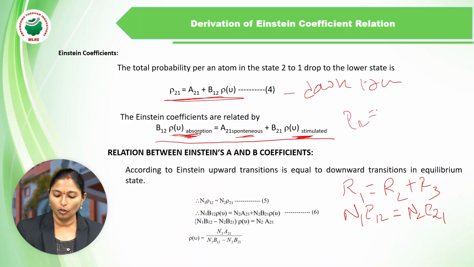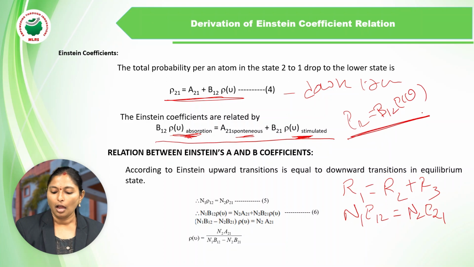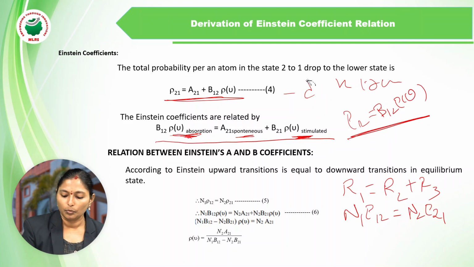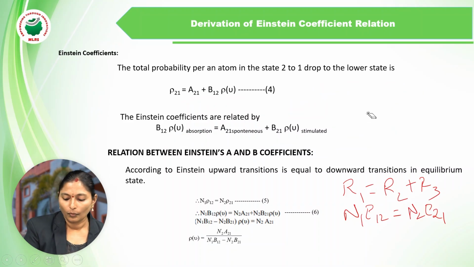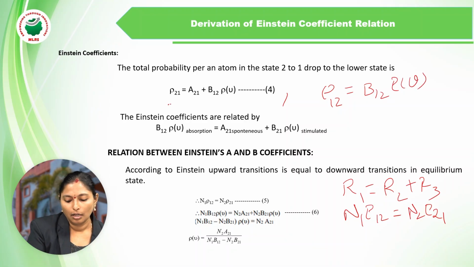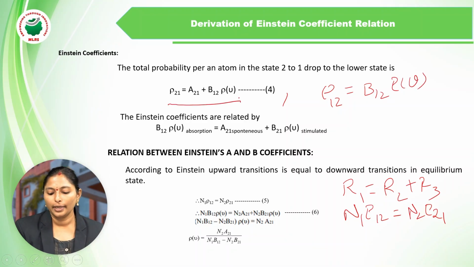Rho 12 means B12 rho nu, this is the upward transition, and this is the downward transition. I will write together here: rho 21 equal to B21 rho nu. This is the downward transition probability and this is the upward transition probability.